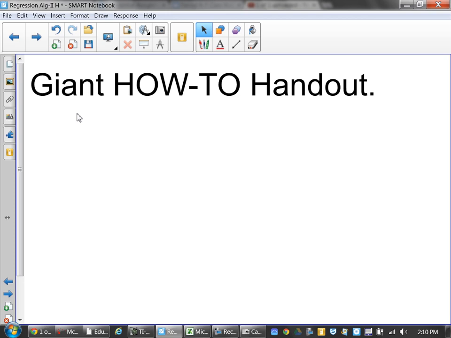I've had people ask me, will I be able to use this on a test? And I'm going to say, no. But here's the thing. You can keep this. What's nice is that once you use this once or twice, you're not going to need it anymore. It's a really nice user guide.